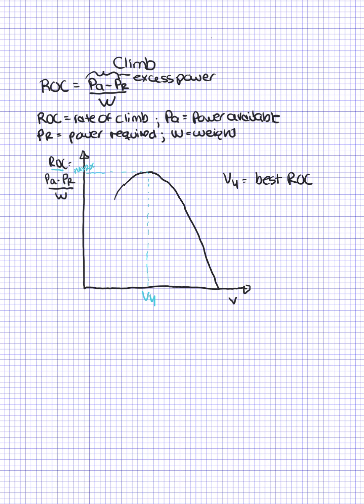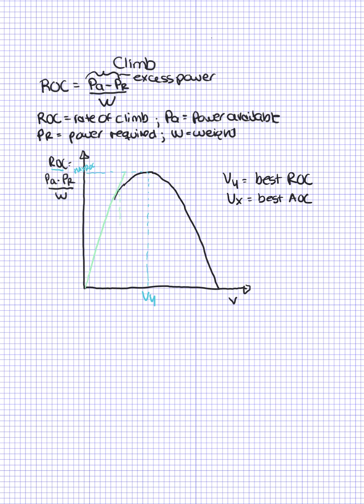And Vx is going to be my best or max angle of climb. And that's going to be a tangent. A tangent starting at 0. The definition of a tangent is a line that touches the curve only in one point.